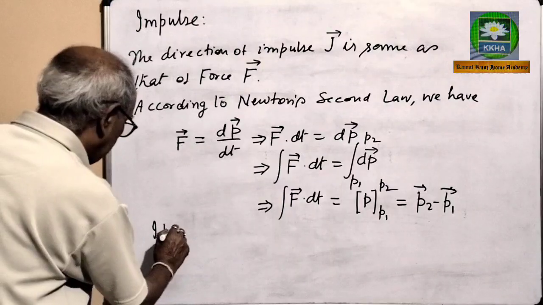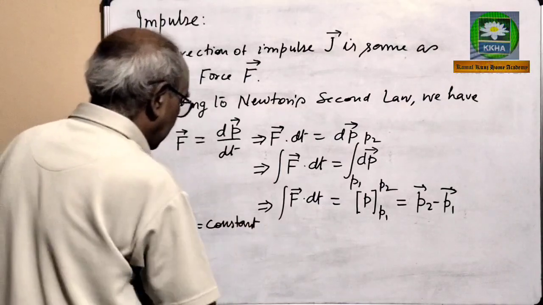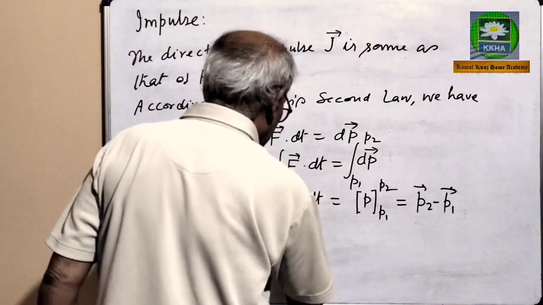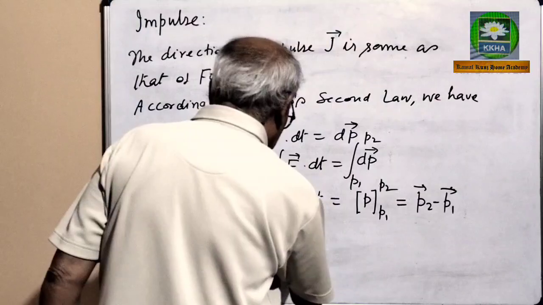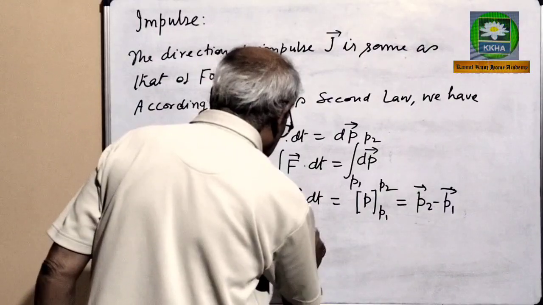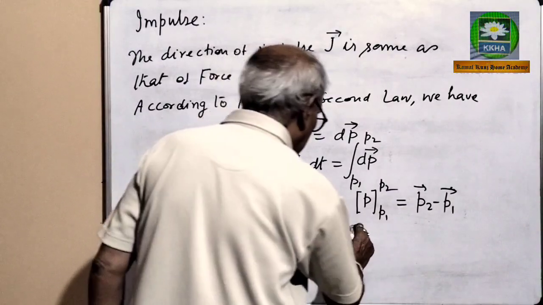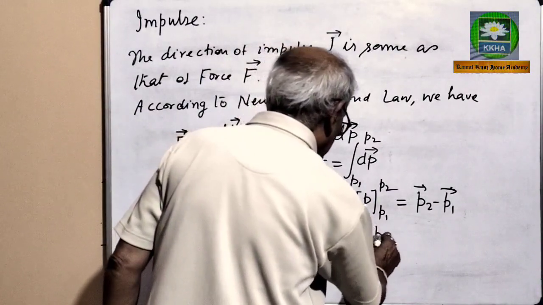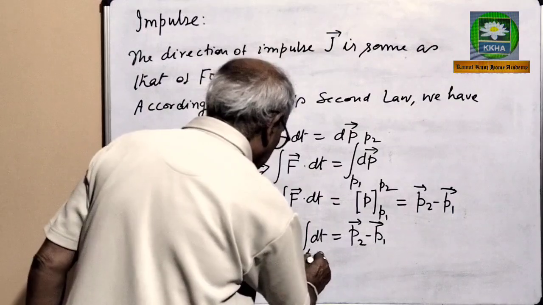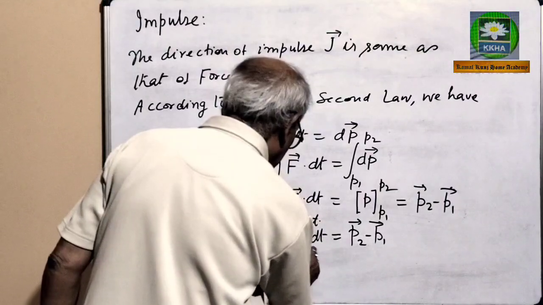Now if force is constant, then F times the integral of dt is equal to P2 minus P1, that is change in momentum, from t1 to, let's take from 0 to t.